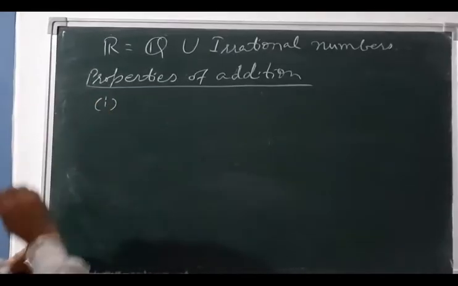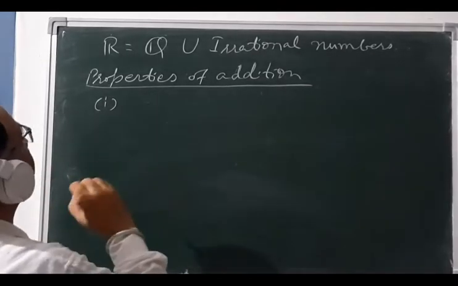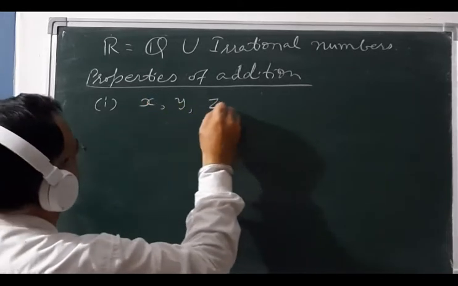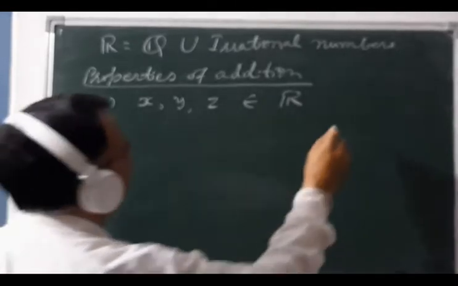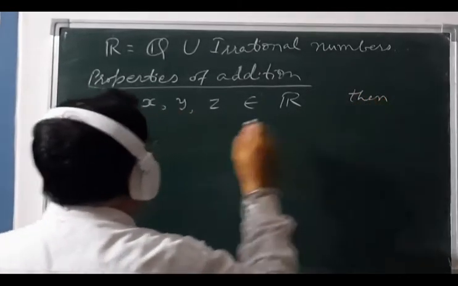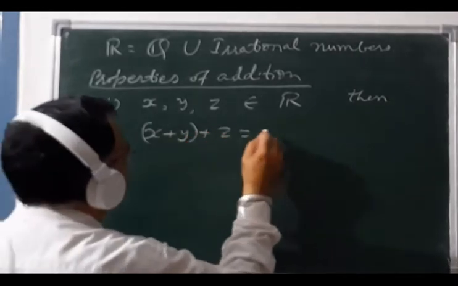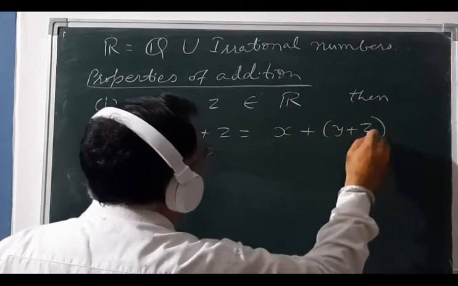The first property is, if you take three real numbers x, y, z from the set of reals, then (x plus y) plus z is the same thing as x plus (y plus z).